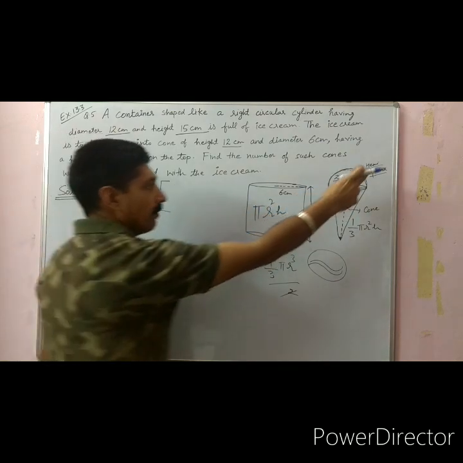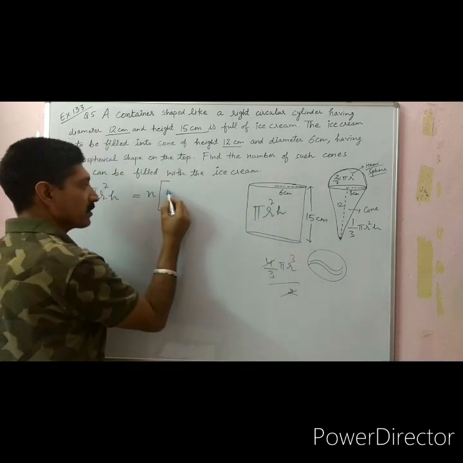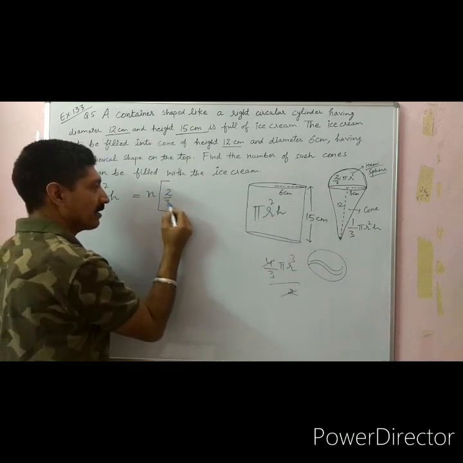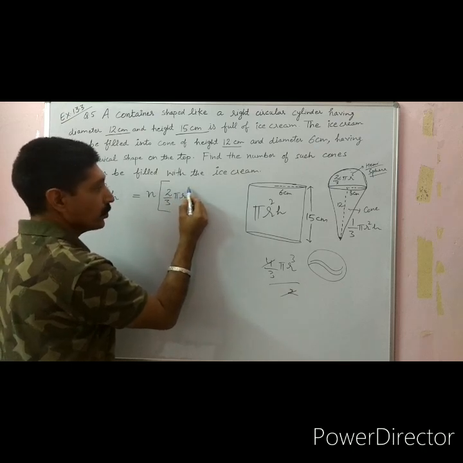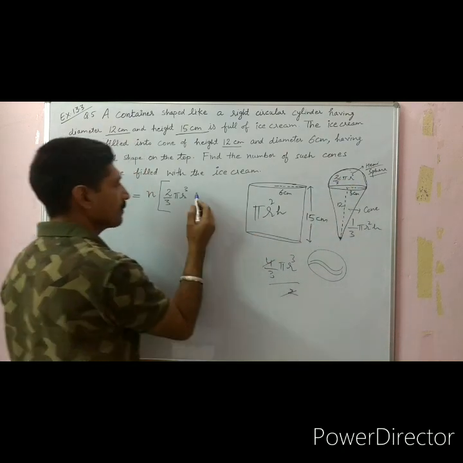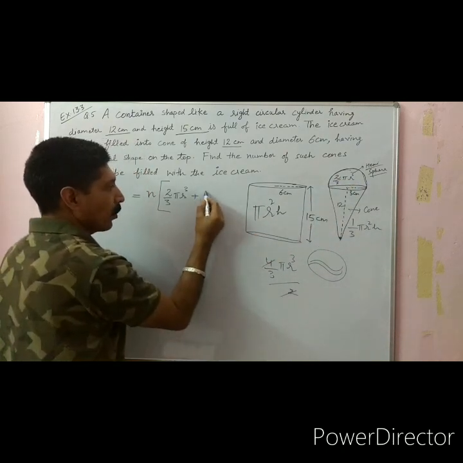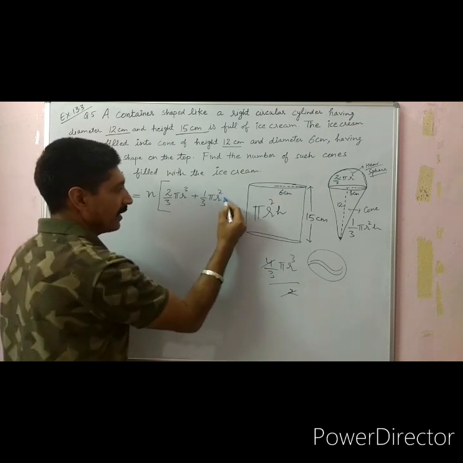This volume is the volume of the hemisphere plus the volume of the cone. The volume of a hemisphere is 2 by 3 pi r cube. For the right hand side, r is the same, 3, plus 1 by 3 pi r square h.